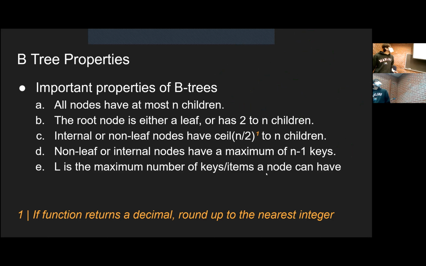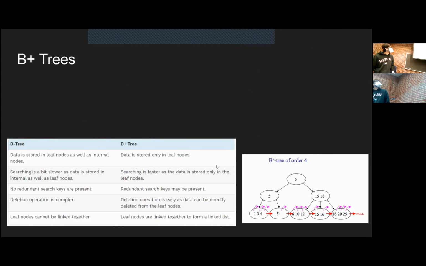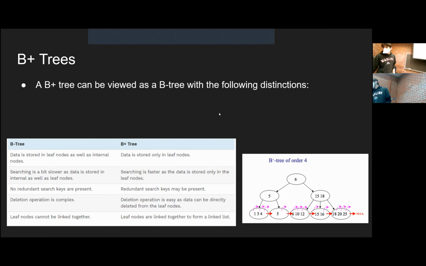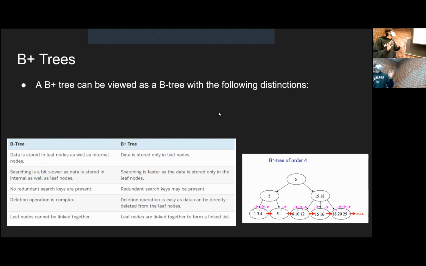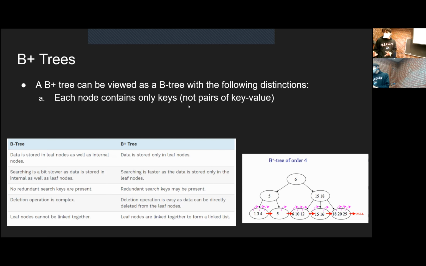So the next slide, we're going to talk a little more about B trees and B plus trees. B plus trees are very similar to B trees. A B plus tree is basically a B tree, but there are some differences. Each node contains only keys. What's the difference between a key and a value?